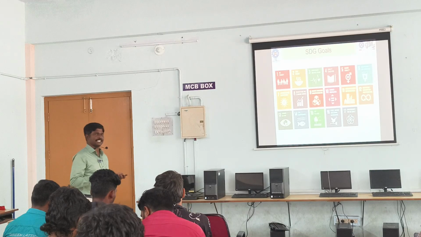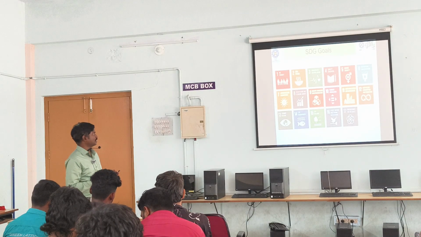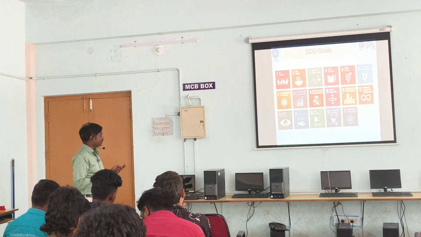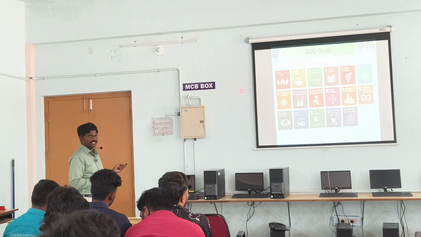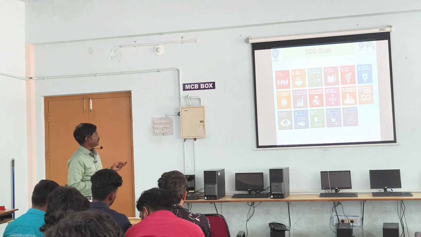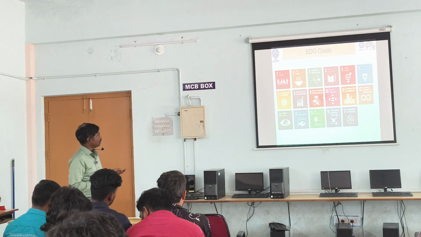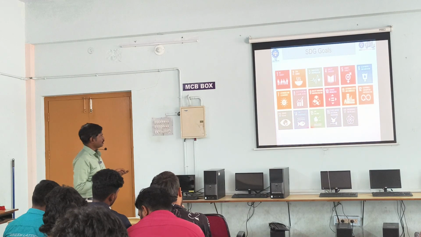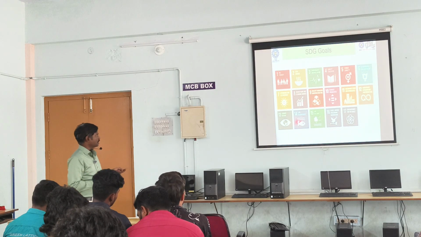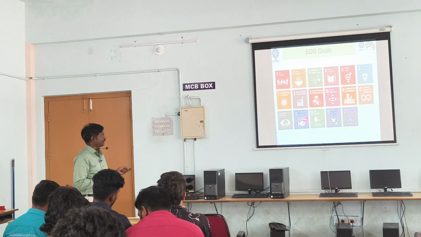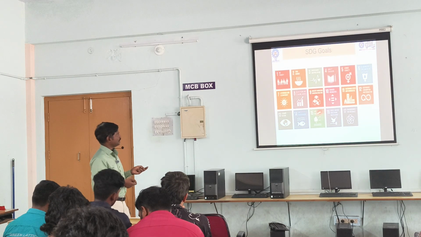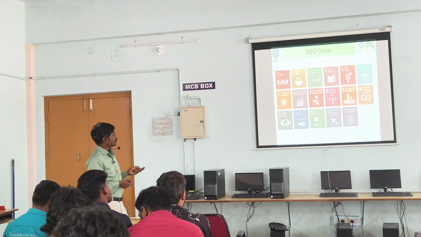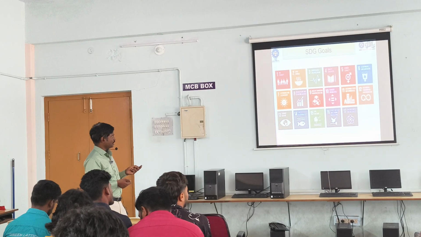So we have sustainable development goals. Everyone should know this, especially students. Sustainable development should come from various things. For example, for water application, everything we should make from sustainable sources, goals 11 and 12 if you think.